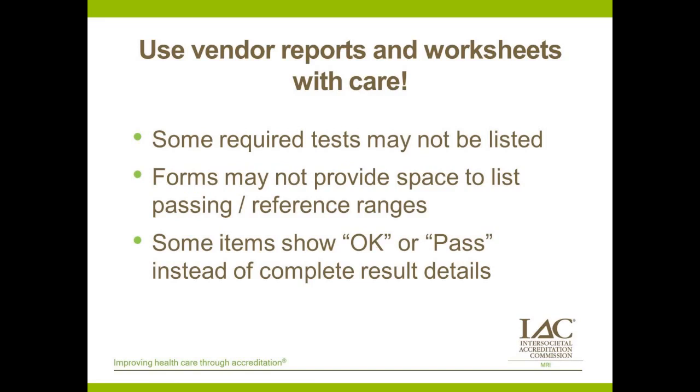You may look at those forms, and this may also apply to worksheets that you copy out of a manual to use for your daily QC. It may have space, a line for each day, a place to write the date. It may have columns to put in different test results, but it may just have a box to write pass or fail. And you may say, well, we can record a number instead of just pass or fail, but it doesn't have a place to actually list the range alongside of that or above or below.